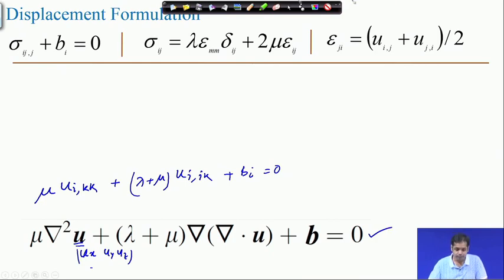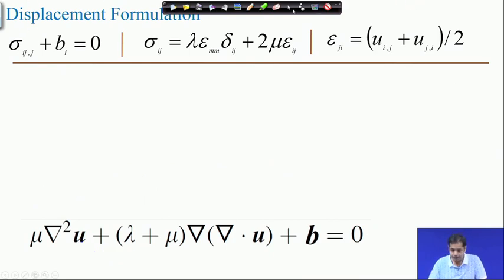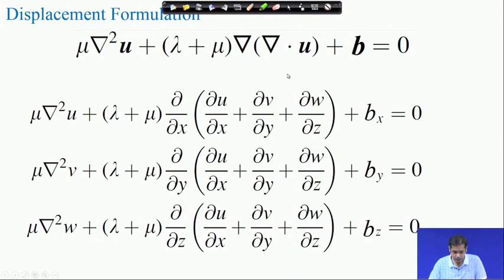Okay. Now, finally this equation becomes this. This is the general form, and if you write it component wise, these are the components in the x, y, z direction, and these 3 are the equations.